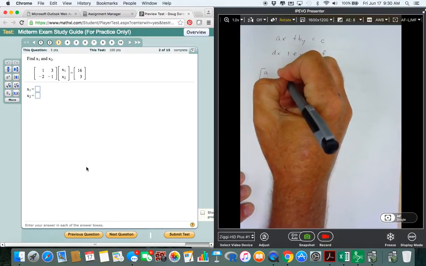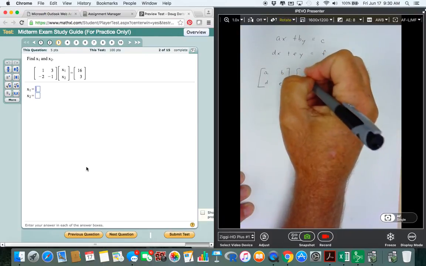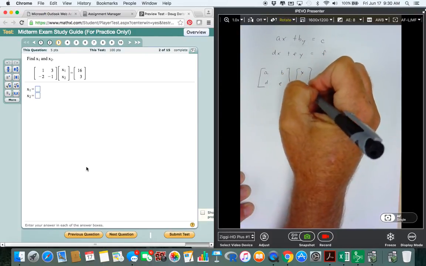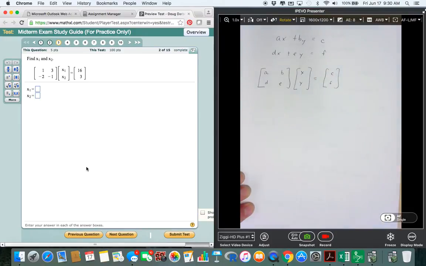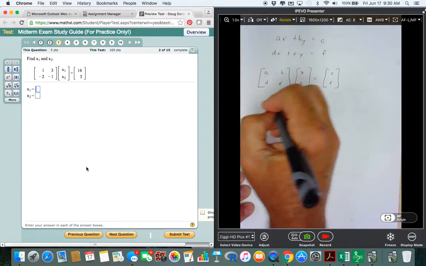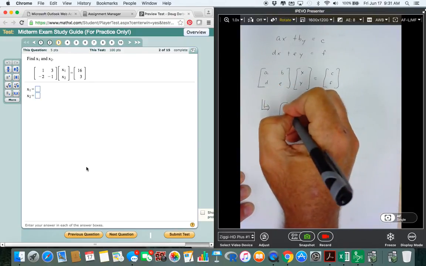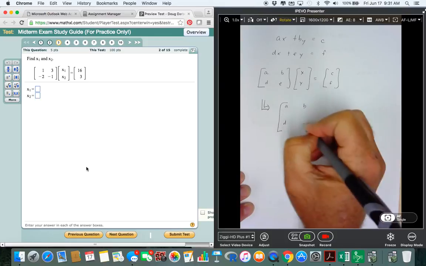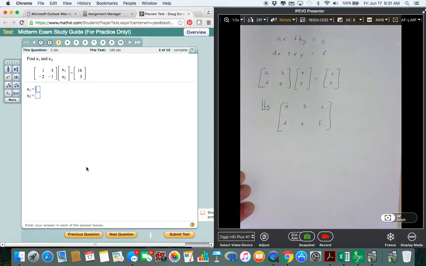The coefficients times the variable matrix times that. The solution to this is always the augmented matrix that we have right there.